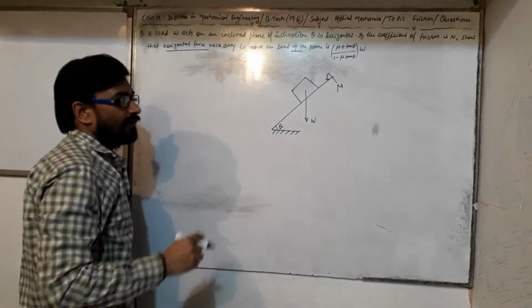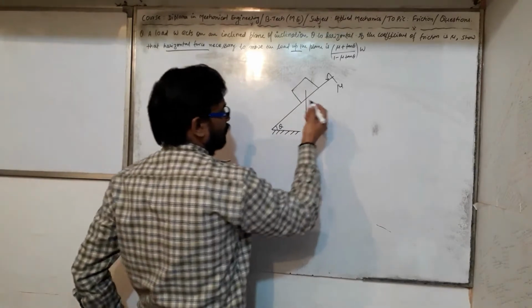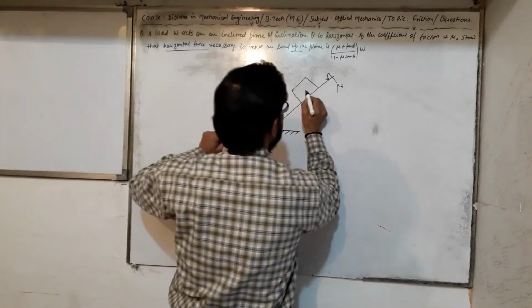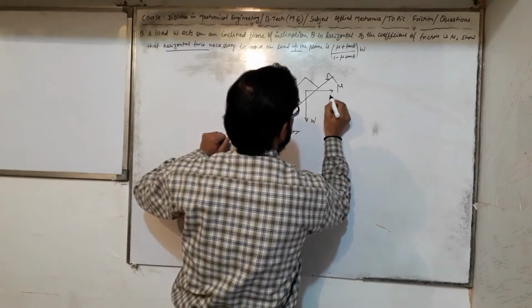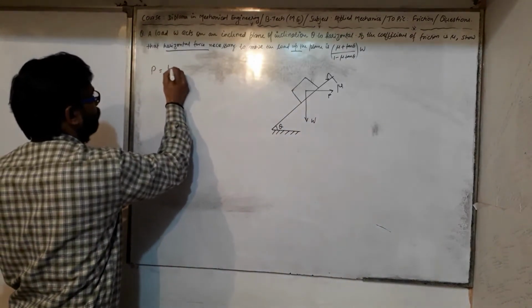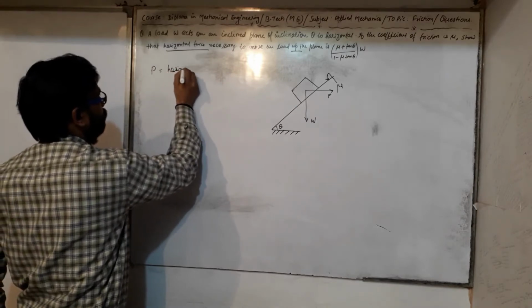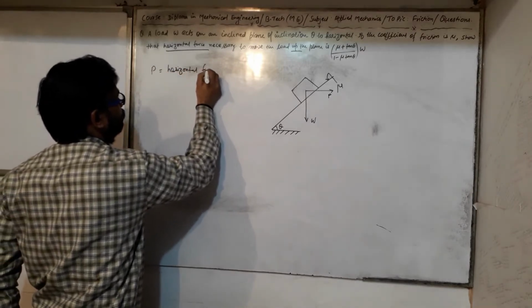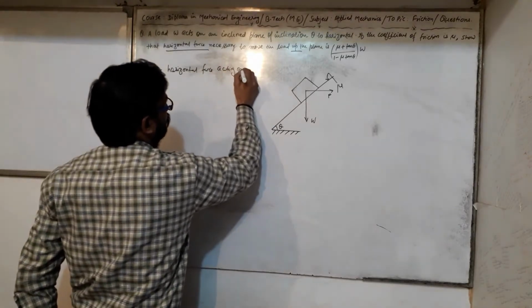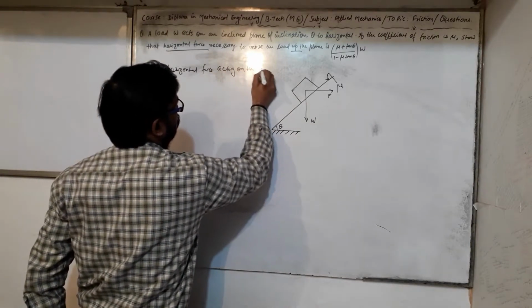Horizontal means with respect to this horizontal, a force, let us say this force P, is acting. So P is the horizontal force acting on the body.